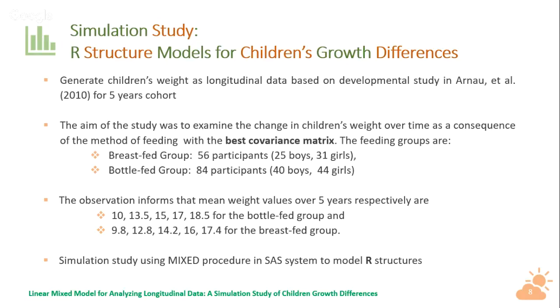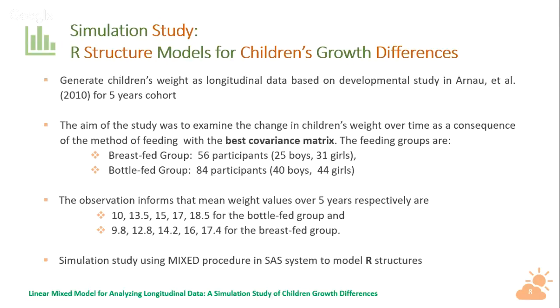The aim of the study is to examine the change in the children's weight over time as a consequence of the method of feeding, with the best covariance matrix. The feeding groups are split, with the breastfeed group having 56 participants, and the bottle feed group 84 participants.